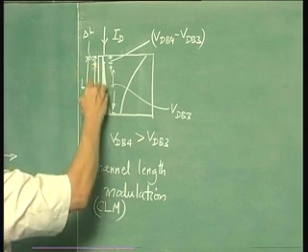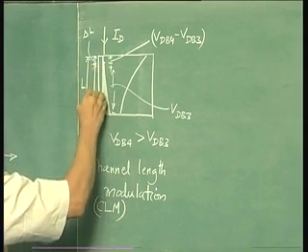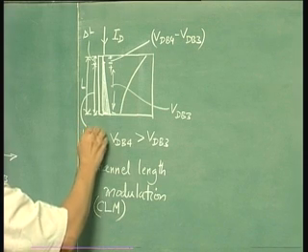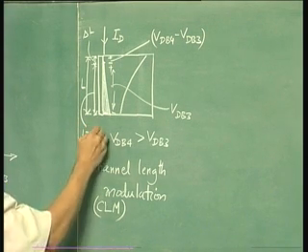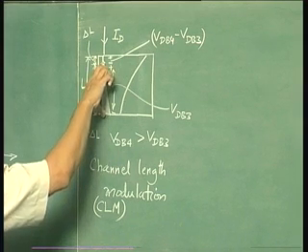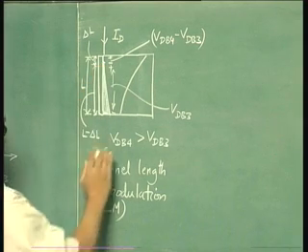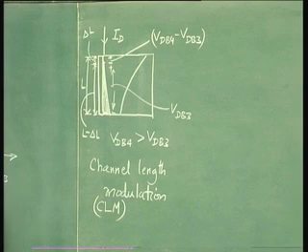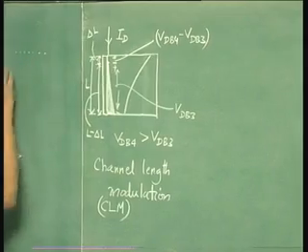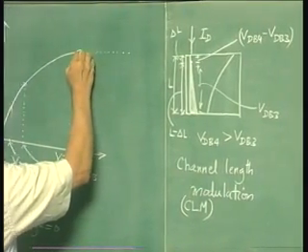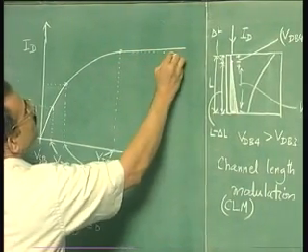So because of this delta L, the resistance decreases a little bit and therefore the current increases by a very small value. If delta L was not there, it would have been just constant, but in practice it will increase slowly.